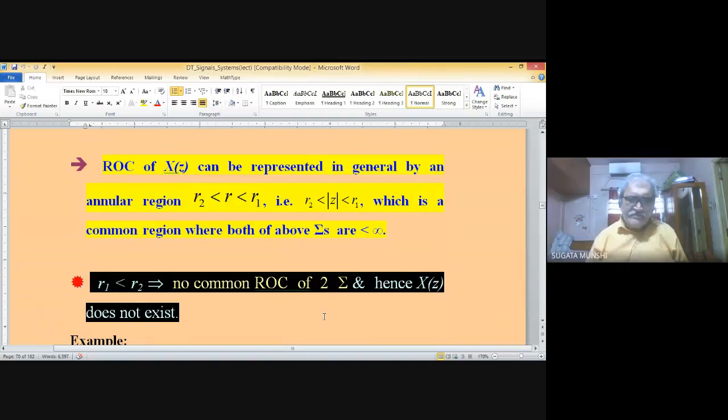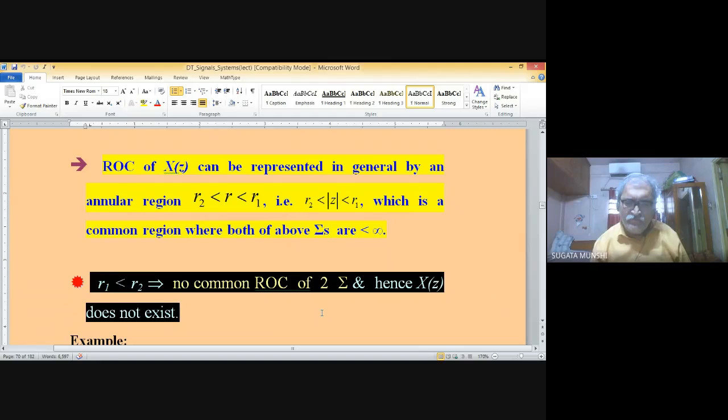Yes, sir. So last day where we stopped, what did we find as a result of analysis? For the sake of generality, I considered a two-sided sequence and inspected its Z transform.